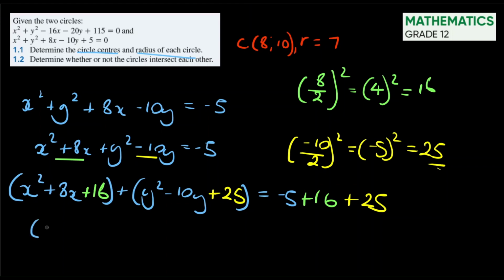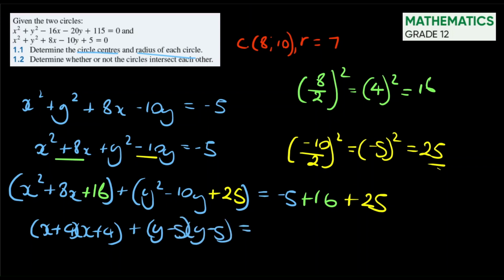Square root of 16 gives you 4, and they're both positive, so we can just say x plus 4 squared. And here the square root of 25 is 5, here it's negative, so you can say y minus 5 squared equals, on the right hand side, we have negative 5 plus 16 plus 25. That will give us 36. We can write our equation as x plus 4 squared plus y minus 5 squared is equal to 36.